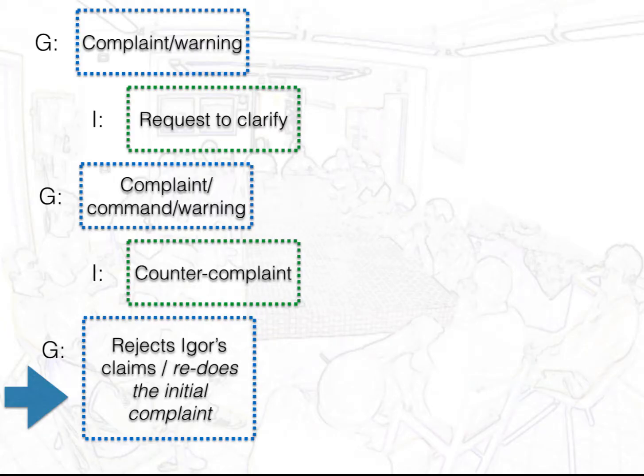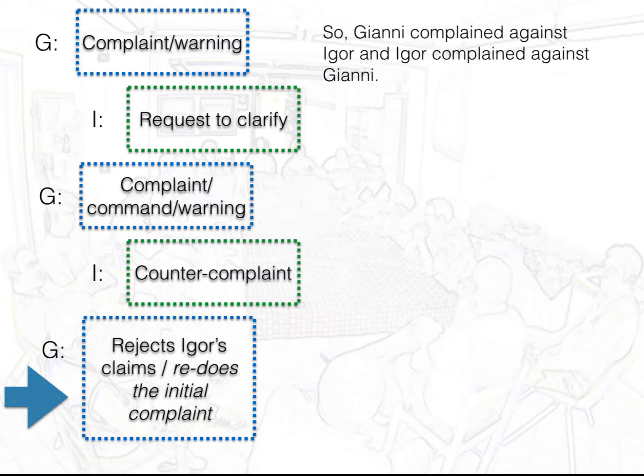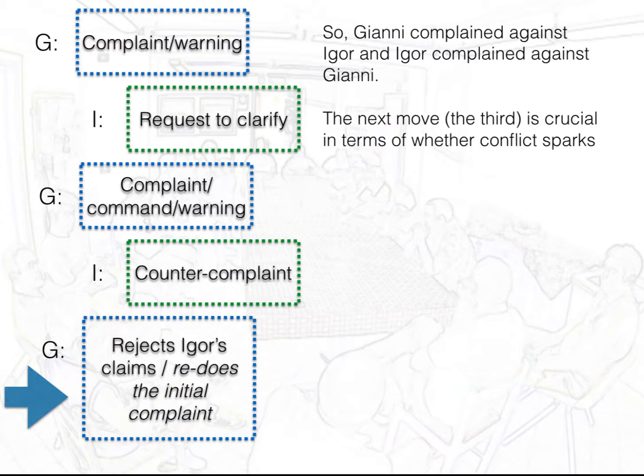So what happened, in a way? The staff member decided to reject the client's perspective altogether and go back to his initial complaint. So they're both complaining about each other at this point.